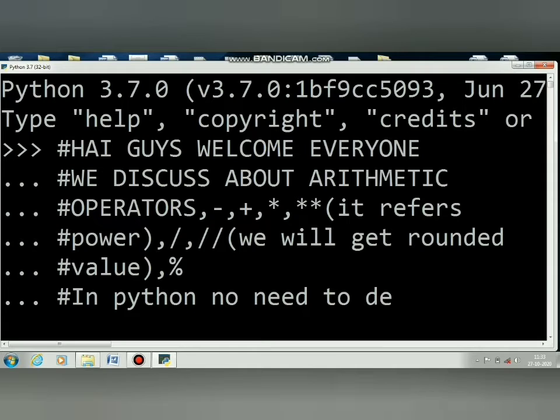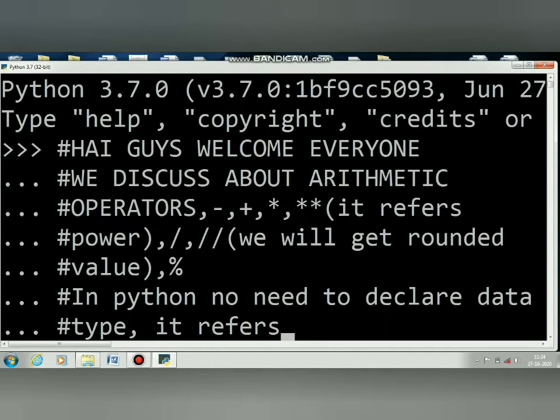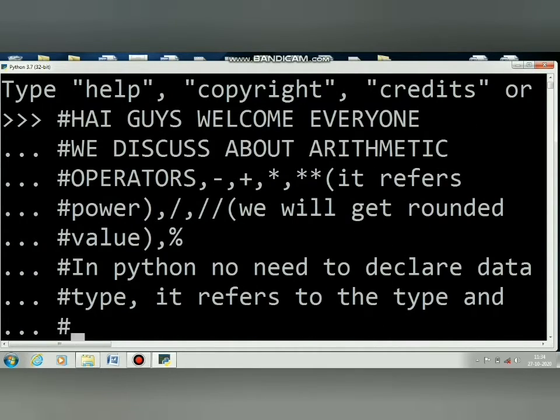In Python, no need to declare the data type.